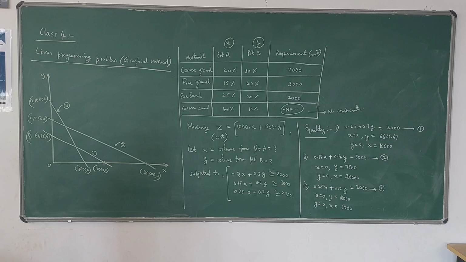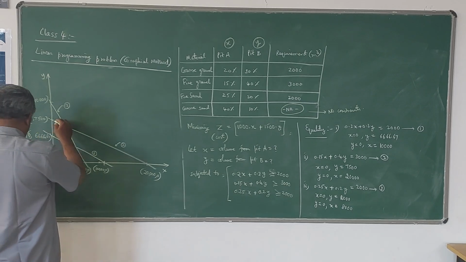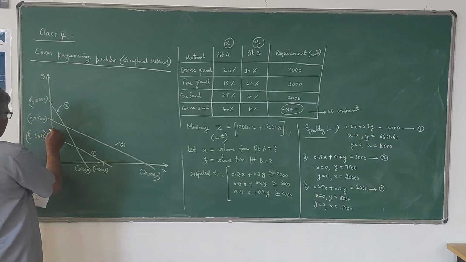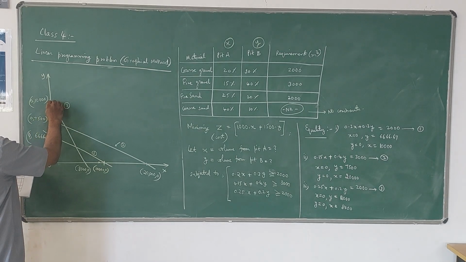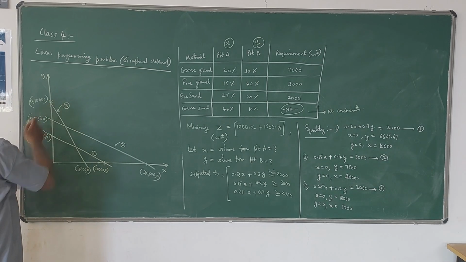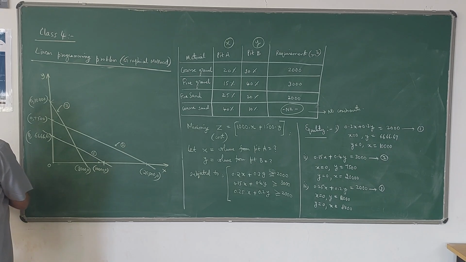Now let us see which is the feasible boundary, the feasible region. See here, it is coming like this.